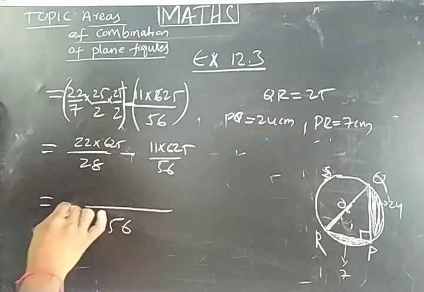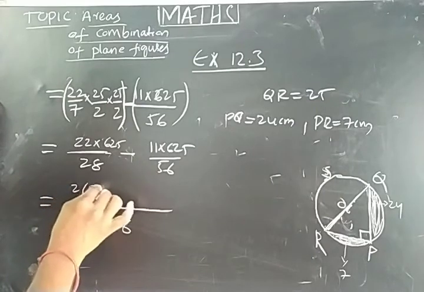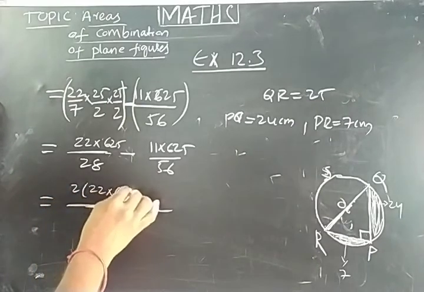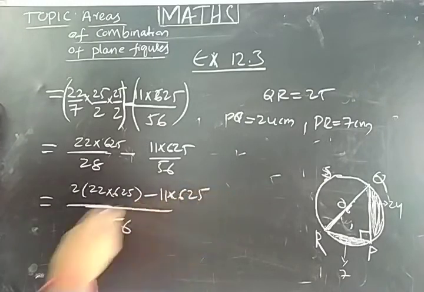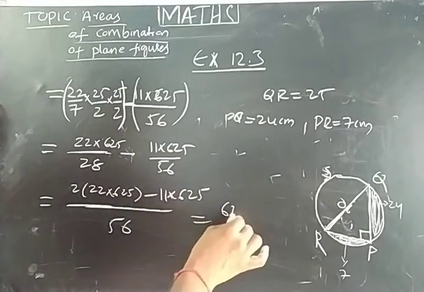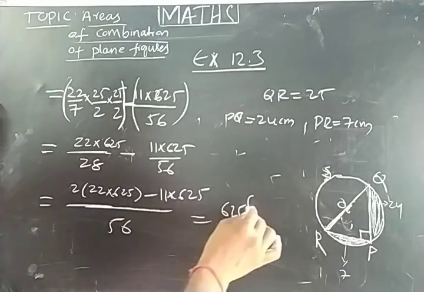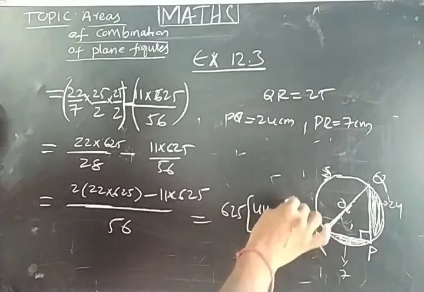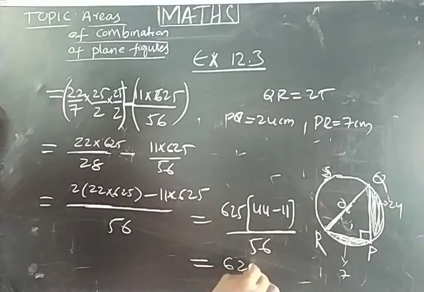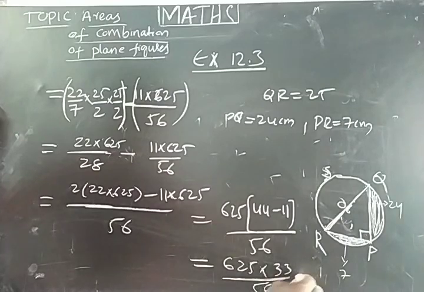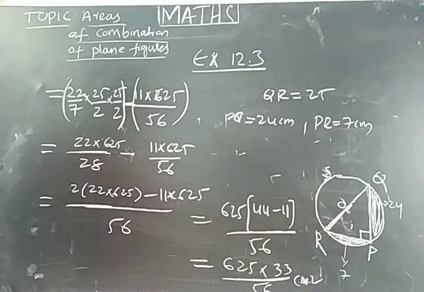So 2 times 22 into 625 minus 11 into 625. By taking 625 common from the numerator, 44 minus 11 by 56. That is 625 into 33 by 56 centimeter square, which is the required area of the shaded region. Right?